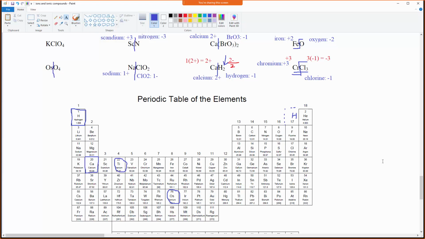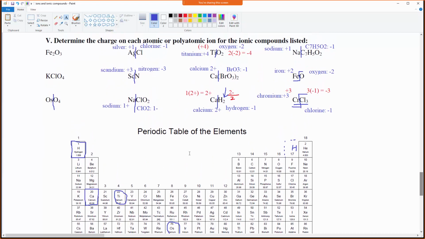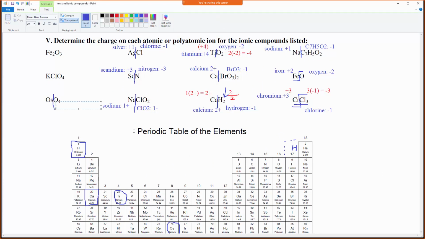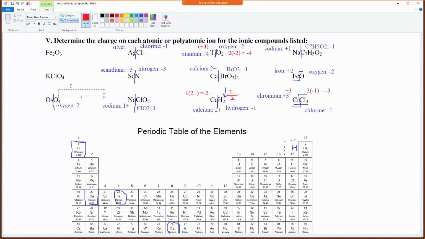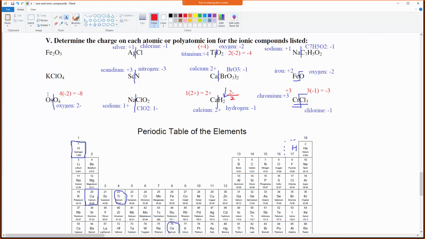What do we know? We know that the oxygen has a charge of 2 minus. Good. But there's 4 of them, right? So what we have is 4 oxygen ions, each with a -2 charge. That's going to give us an overall charge contribution of -8. Well, how many osmiums do I have to split that charge between?